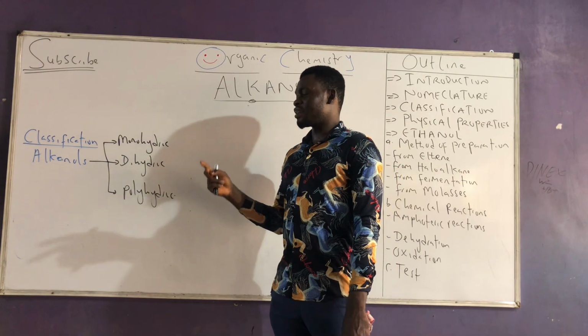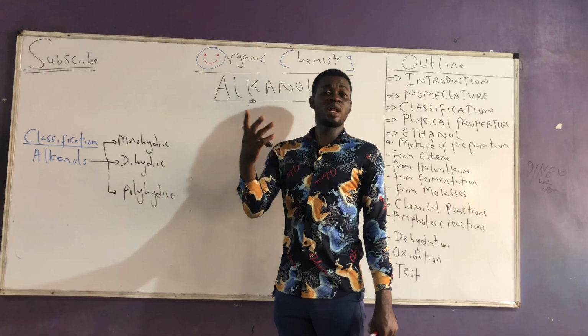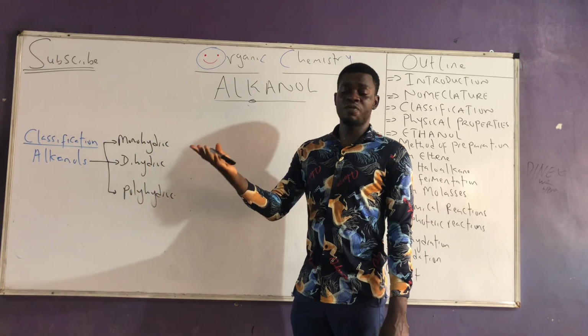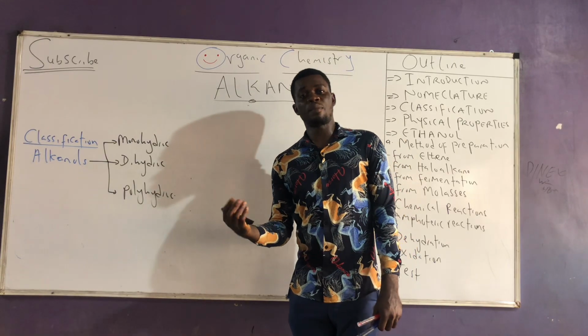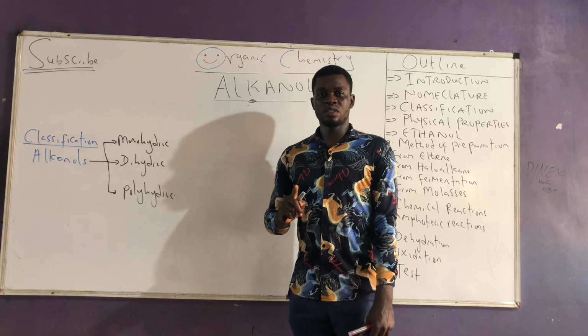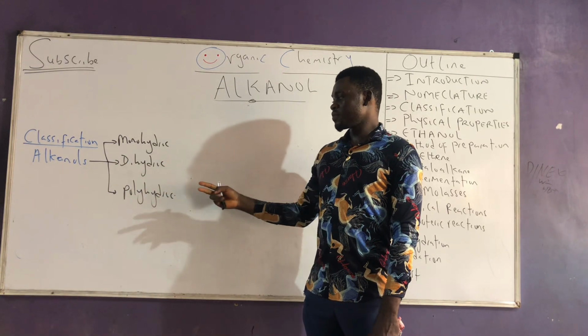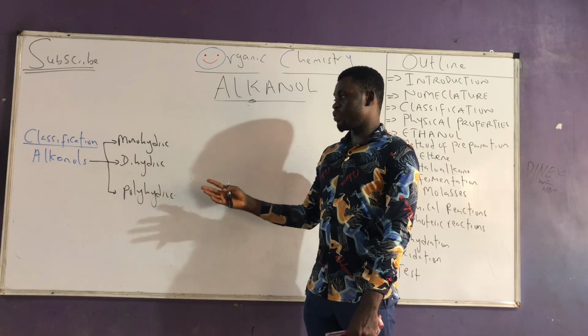But if the alkanol has 2 OH groups per molecule, it is a dihydric alkanol. If it has more than 2, it is polyhydric. So 3, for example, can be trihydric, 4 can be tetrahydric, and so on. But overall, 1 OH functional group, it is monohydric. 2 OH functional groups, it is dihydric. More than 2 OH functional groups, it is polyhydric.